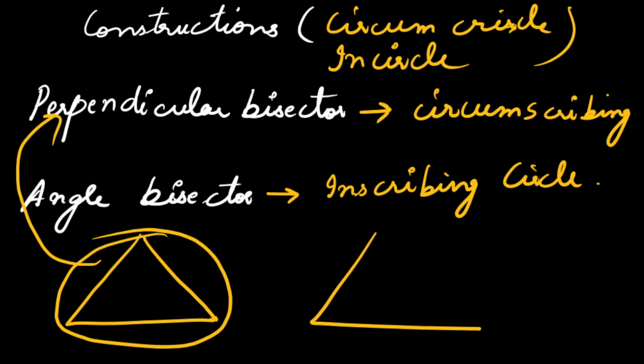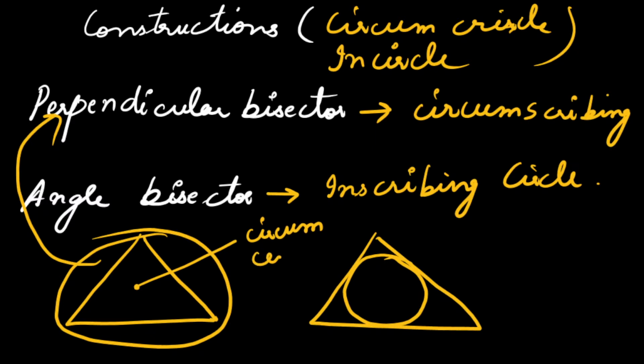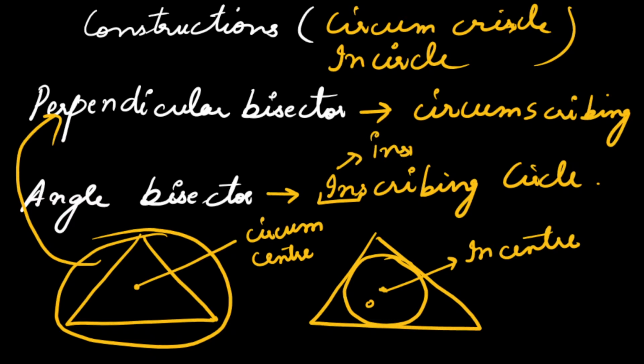If I have to draw an inscribing circle, it will be inside. And this point is known as the circumcenter, and the center of this incircle is known as the incenter. From the word inward, you can remember the circle will be inside the polygon.